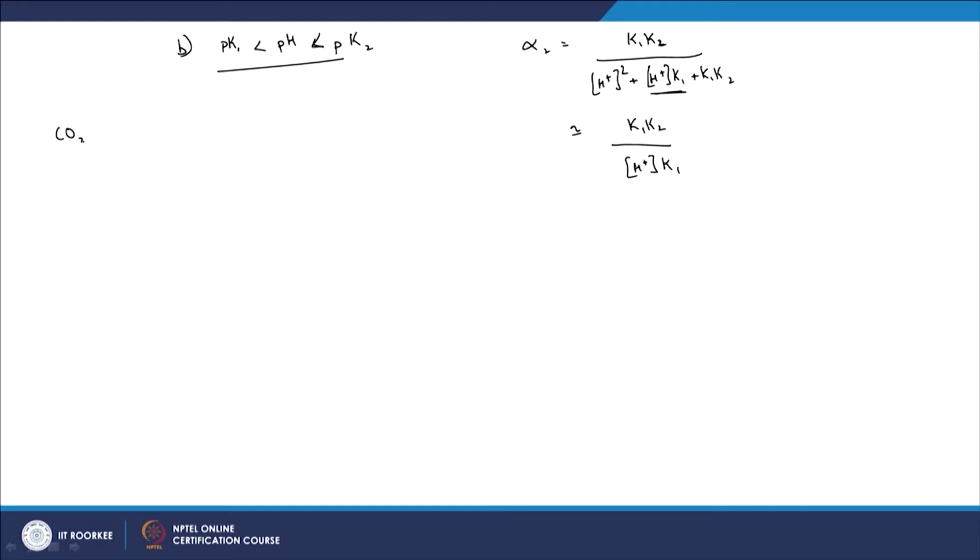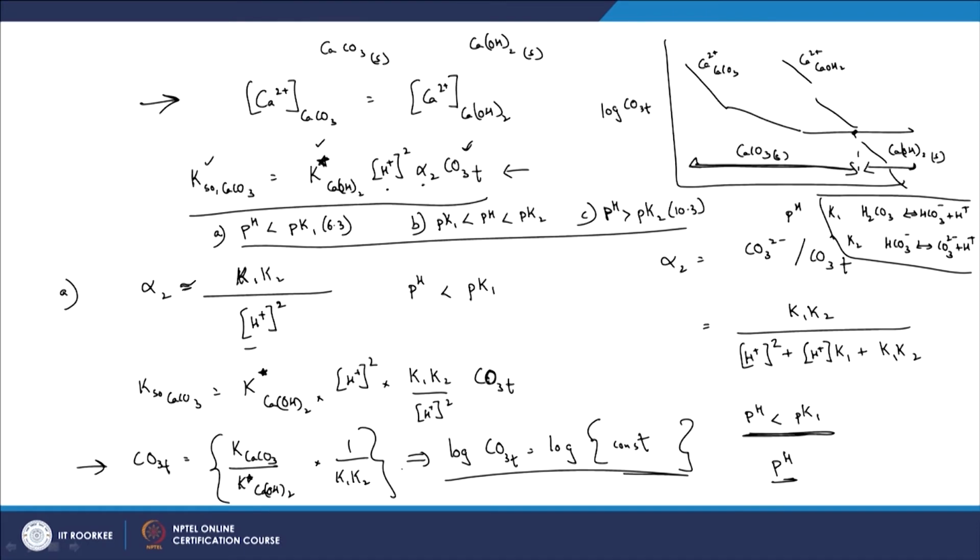So we will end up with CO3 total equal to KSO CaCO3 by K star for CaOH twice, and this is similar to what we have out here, or the transformation here.